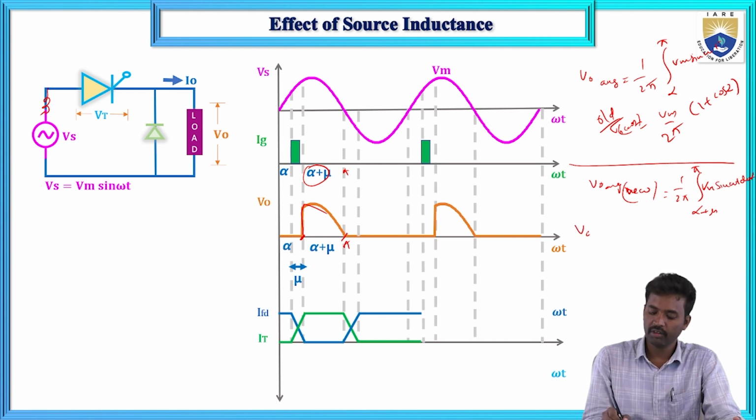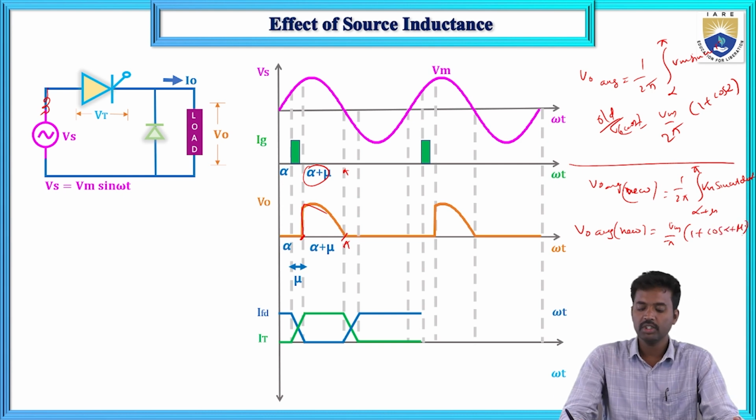Now if you calculate, V naught average new equals Vm by 2 pi times (1 plus cos(alpha plus mu)). So this is the case.